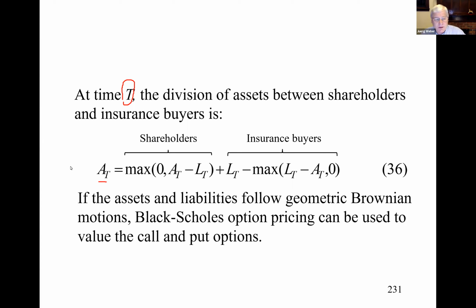The shareholders, their claim can be represented by a call option. That's the notation of a call option. The insurance buyers naturally are entitled to the insurance payouts for the losses, and that's adjusted by a put option.